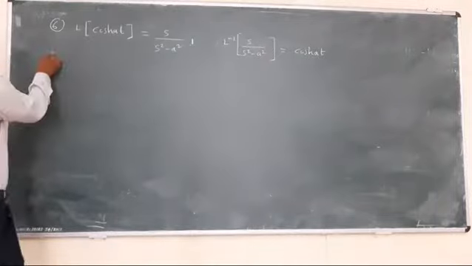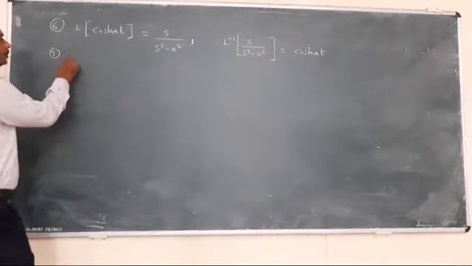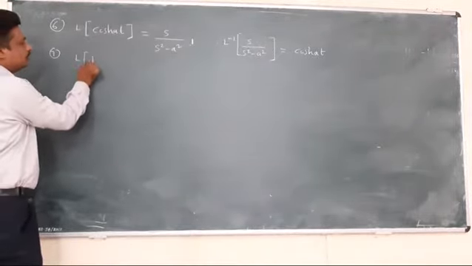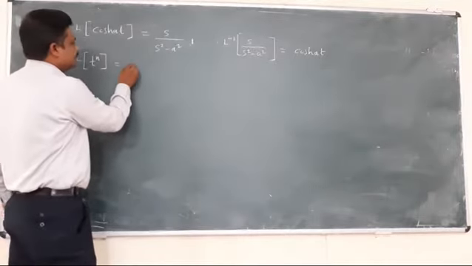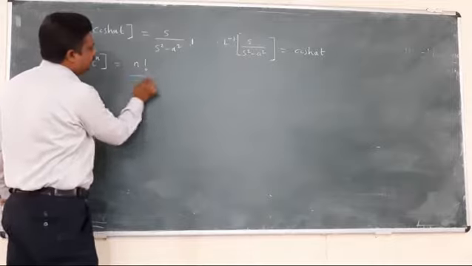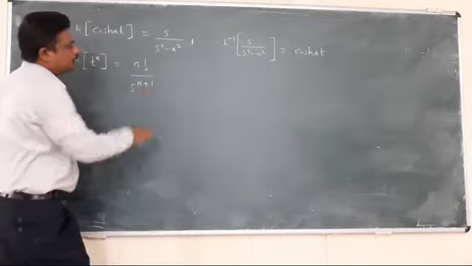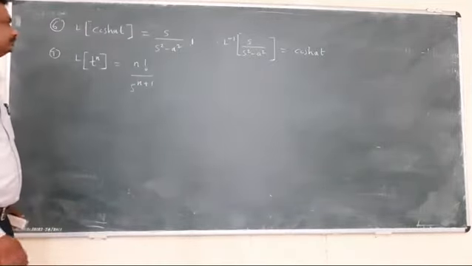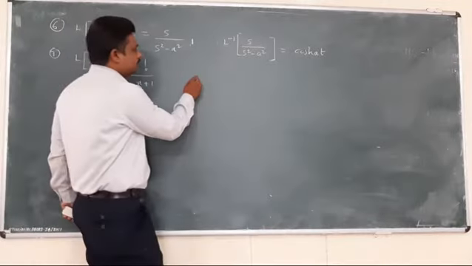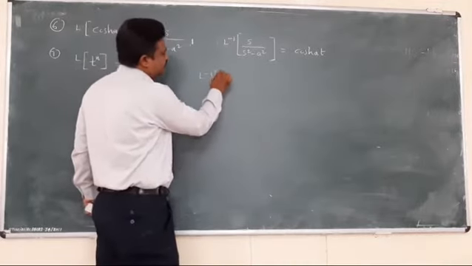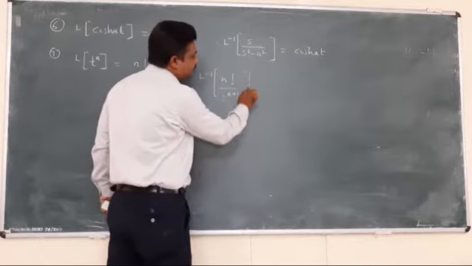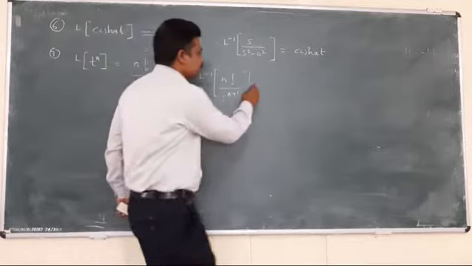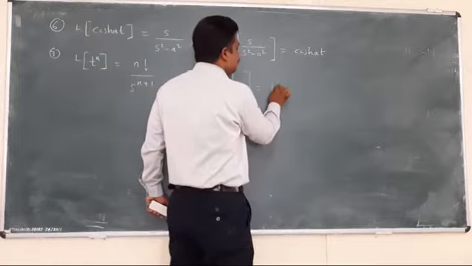Next formula: we know that L of t raised to n is equal to n factorial upon s to the power of n plus 1. Therefore L inverse of n factorial upon s to the power n plus 1 is equal to t to the power of n.